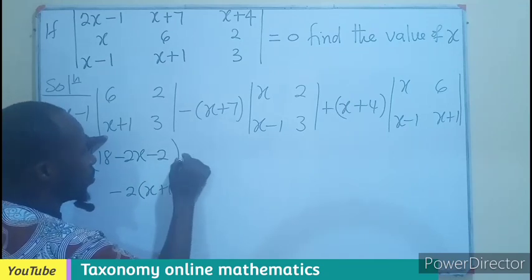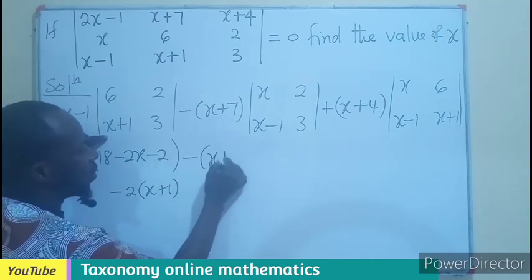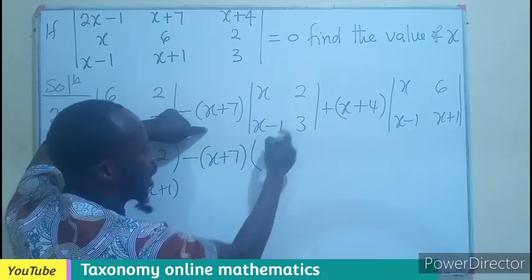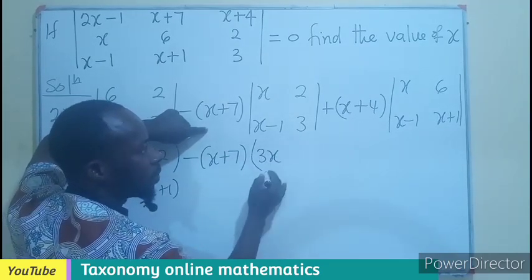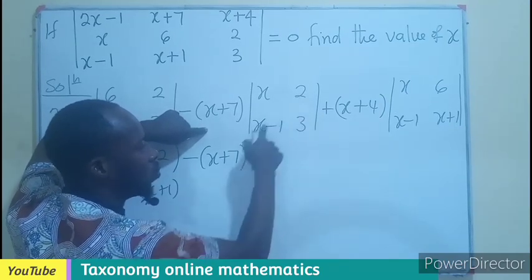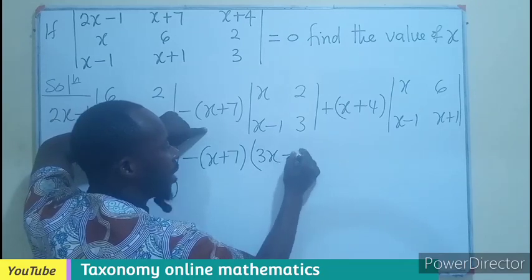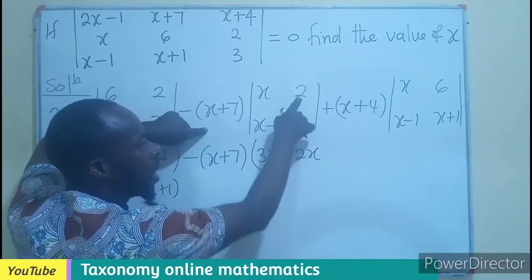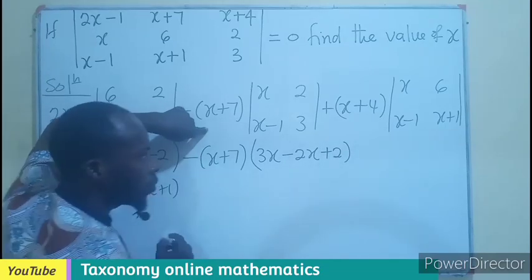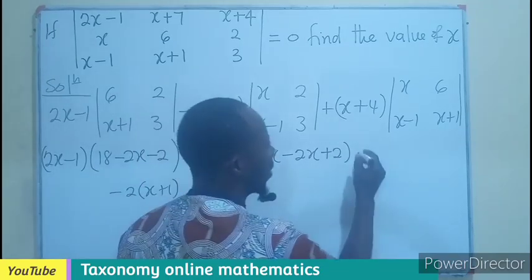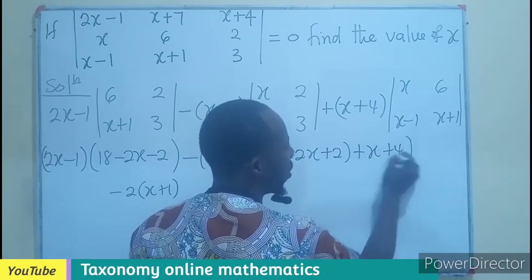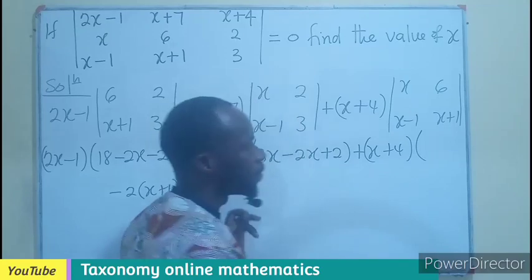Then this will be minus x plus 7, multiplying your leading diagonal will be 3x. Then the other diagonal will be minus. So still minus 2 times this will give us minus 2x. Minus 2 times minus 1 gives us plus 2. Then right here we have plus x plus 4 multiplying.